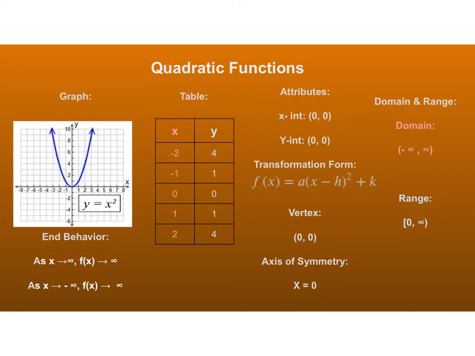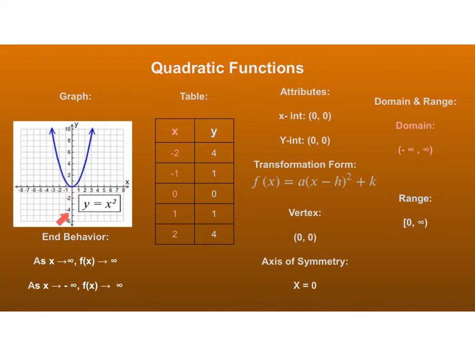The next parent function we're going to look at is a quadratic parent function. The shape of a quadratic parent function is a parabola. That's the U shape that you see here. In behavior, as x approaches infinity, f of x also approaches infinity. Remember that f of x is your y value, so this graph is going up forever.